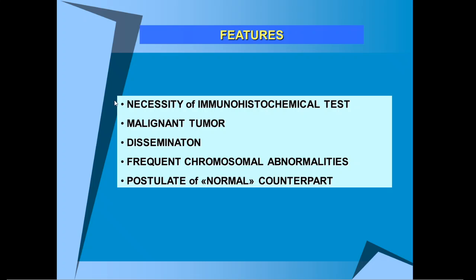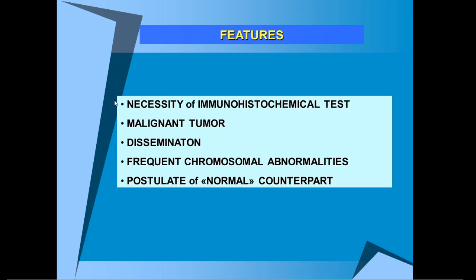An immunohistochemical test gives us the possibility to see even deeper. Here the level is molecular. So the immunohistochemical test reveals molecular features of the tumor tissue.